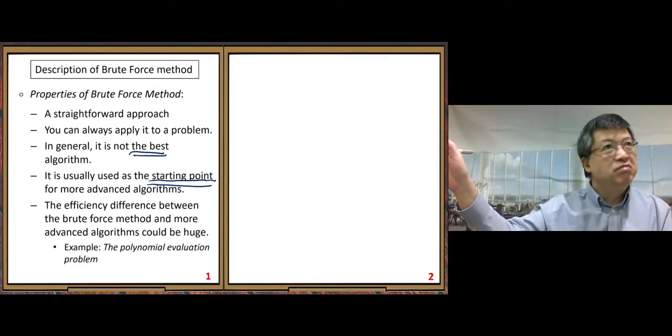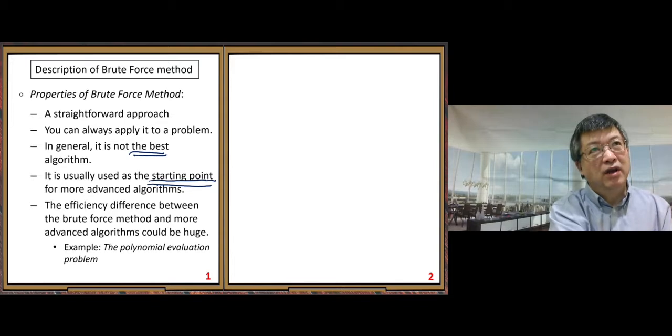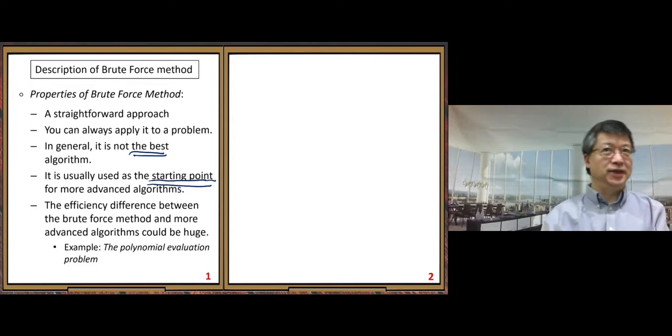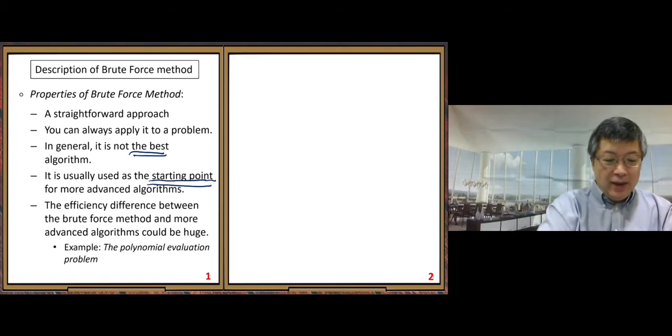Is that huge? How much different? 500 million? 500 million, yeah. Is that 500 million versus 1? Yes, in that category. So you can see the difference is huge. All right.